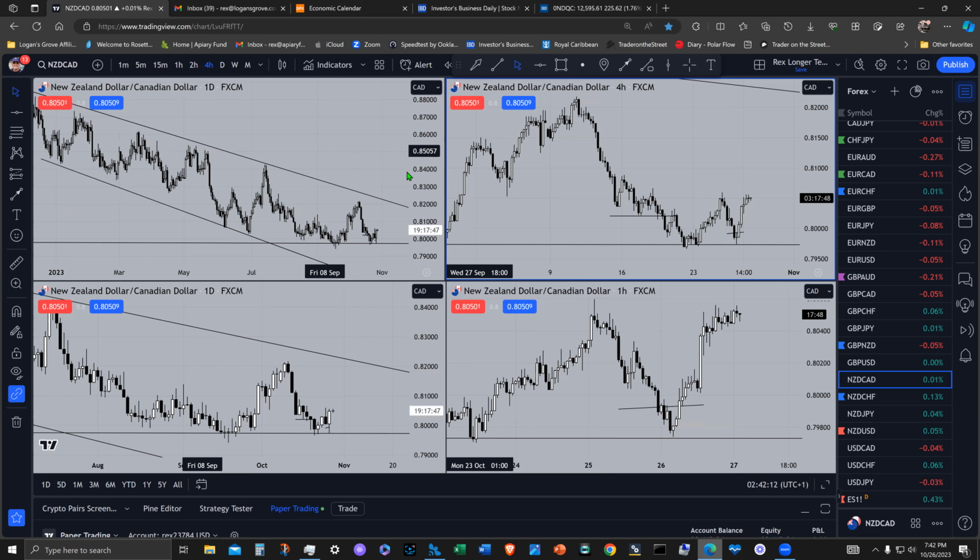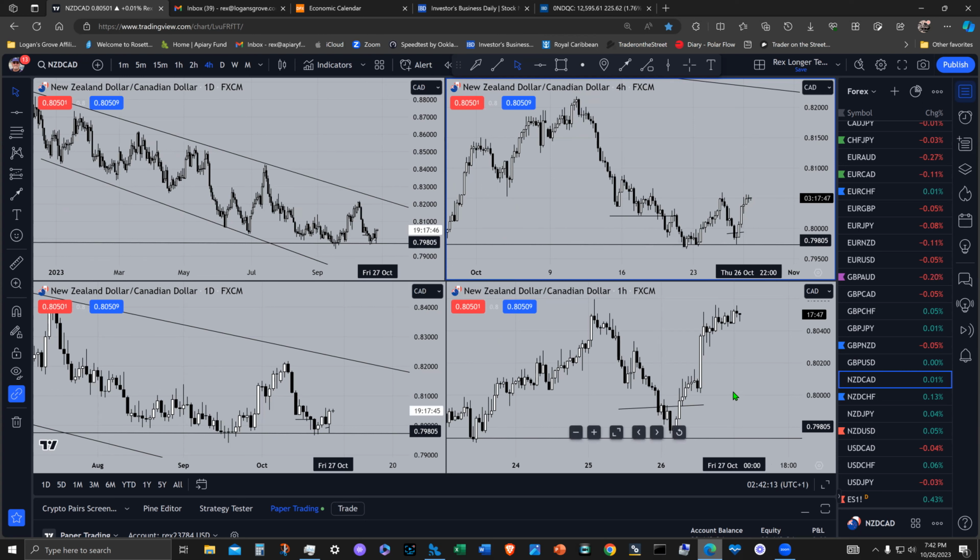Now, my preference is for this one to break the lows and go lower. So I'm just not wanting to put a buy limit there. And it's already up to the top. So I'm going to have to just pass on that one.